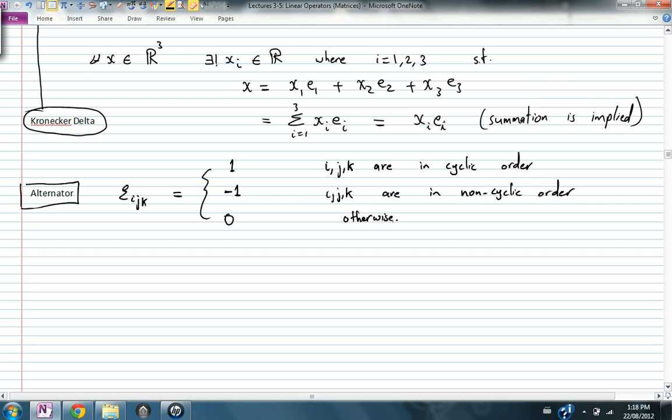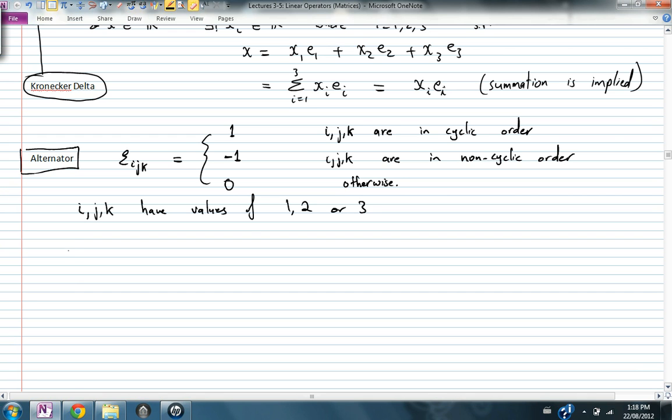So for example, and of course here i, j, k have values of 1, 2, or 3.